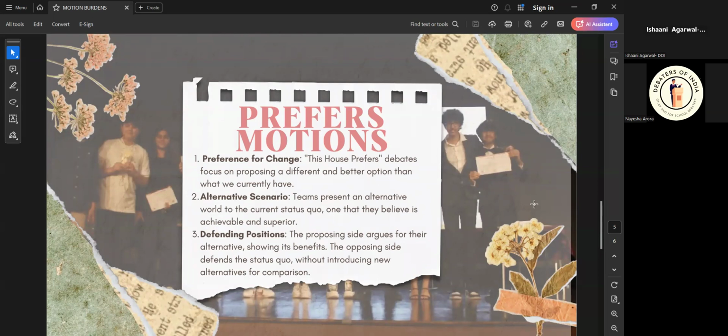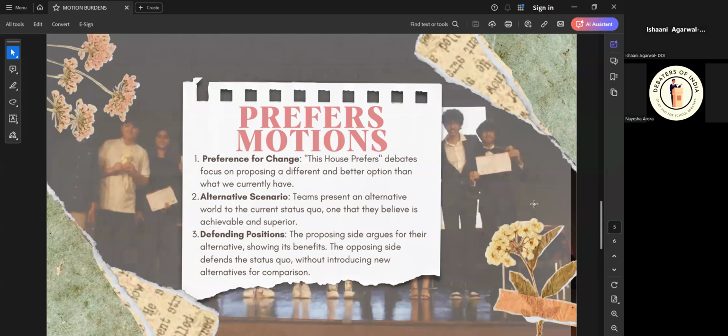So if you're defending the alternative scenario and saying that the alternative scenario is better than the status quo, then you talk about why the benefits of the alternative scenario outweigh its harms, and vice versa if you're going on the other side. So you say that the world that you are supporting and defending is better, achievable, feasible, and more superior, and why it does benefit all stakeholders involved.